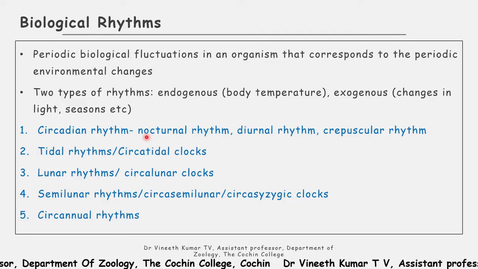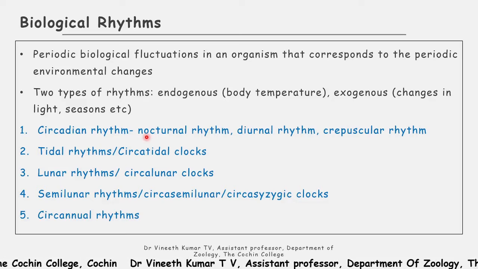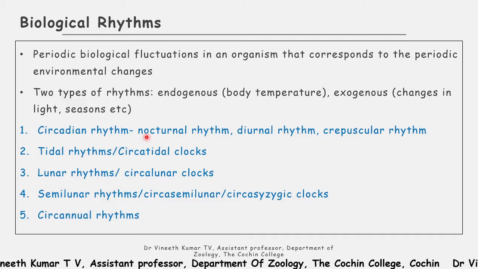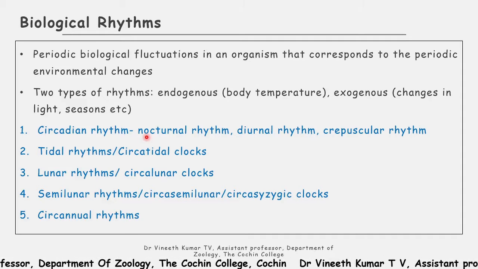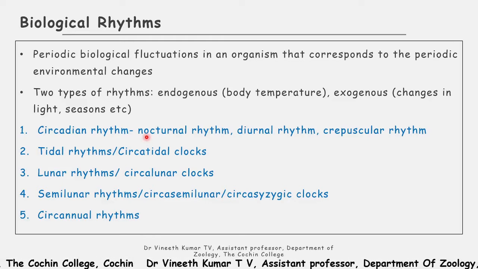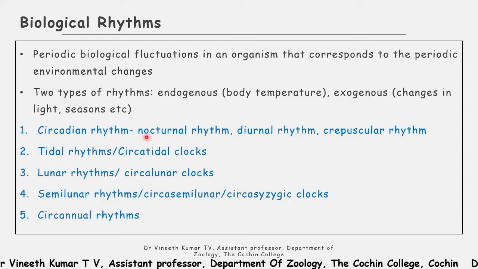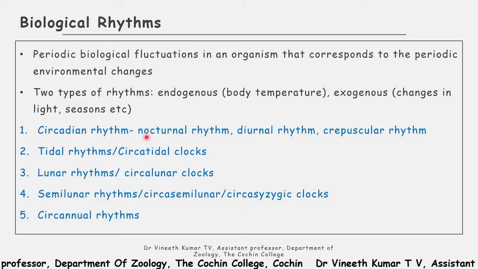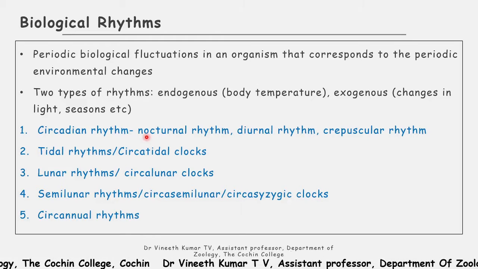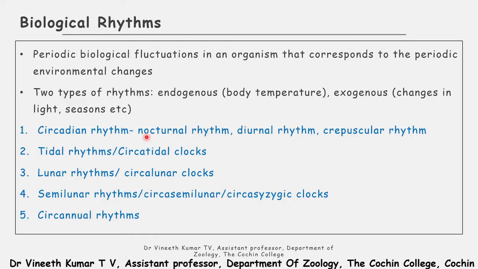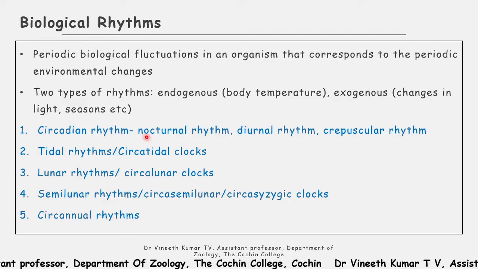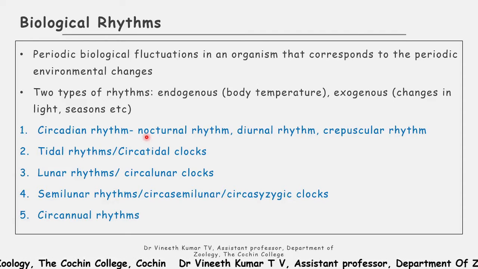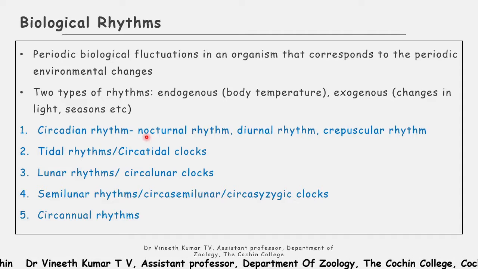The common group of animals are active during the day and at rest during the night. The opposite happens in nocturnal animals. They are at rest during the daytime and active during the night.